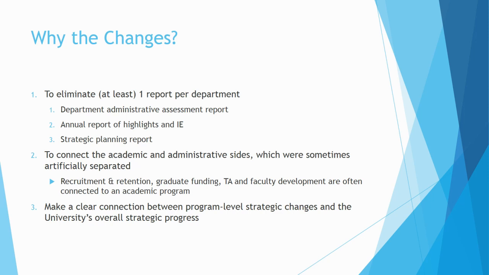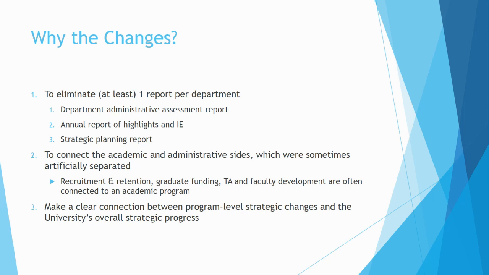The two items were connected, but found in completely separate reports. Recruitment and retention, graduate funding, teaching assistant and faculty development, among many other initiatives, are often connected to an academic program. Reporting them separate from the academic assessment reports separated stories that really should be told together.